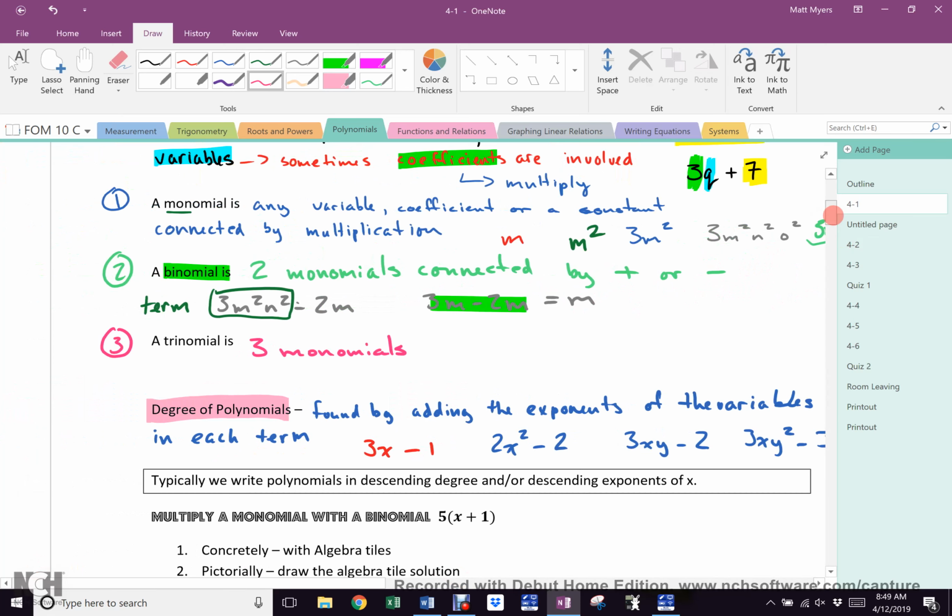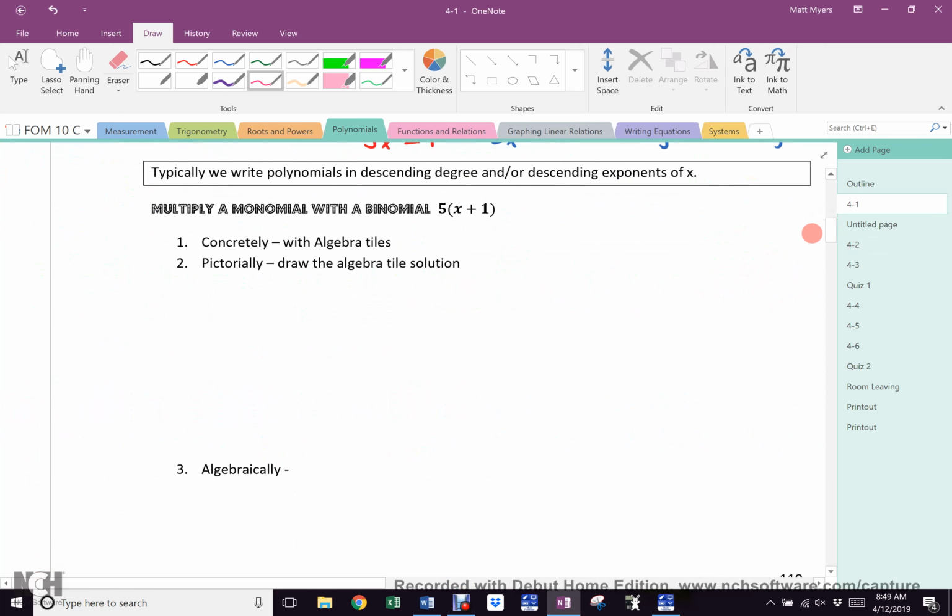All right. Now, we are not going to get out algebra tiles and play with blocks. But, again, I do have to show this to you. I don't like them. I think they have 1 or 2 good uses for 1 or 2 people per class. But for some strange reason, the government decided that everybody needs to learn it.